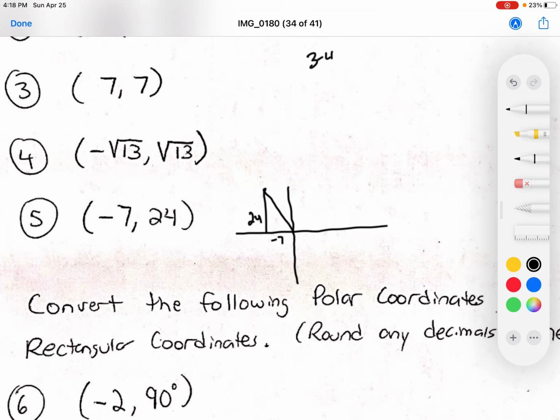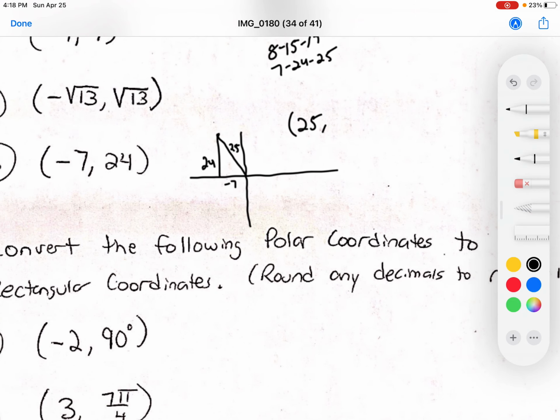And you need to know these right triangle triples. You probably will see a different one on your test. 5, 12, 13, 8, 15, 17, 7, 24, 25. Any multiples of these also, like a 6, 8, 10 is just a 3, 4, 5 times 2. So this is a 7, 24, 25. There's my radius, 25.